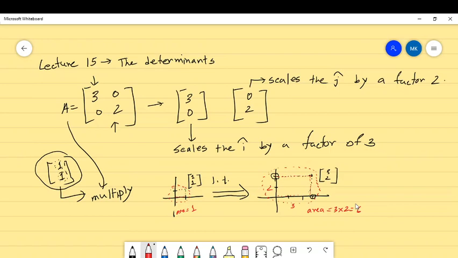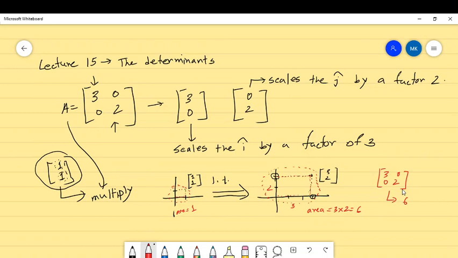So we can say that this matrix, 3 0 0 2, has scaled the area by a factor of 6, right? By a factor of 6.